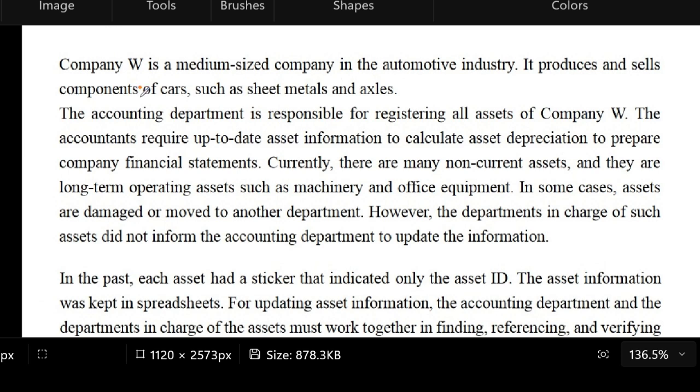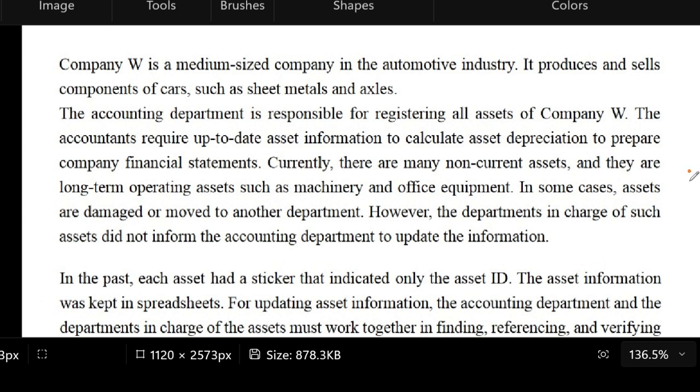Company W is a medium-sized company in the automotive industry. It produces and sells components of cars such as sheet metals and axles. The accounting department is responsible for registering all assets of Company W. The accountants require up-to-date asset information to calculate asset depreciation to prepare company financial statements.